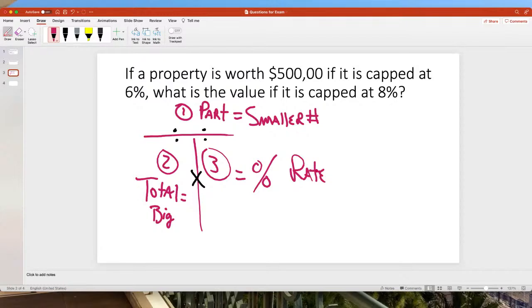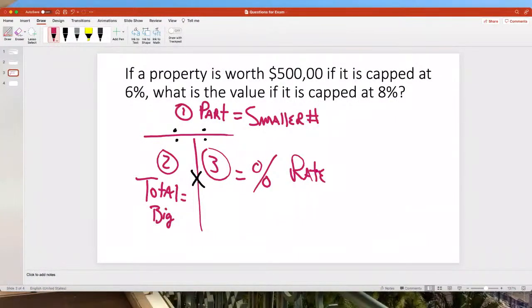So let's take a look at this problem that we have on the screen. We're going to go back over there in a minute. I want you to look at some numbers there, think about the question, and see if you can figure out where those numbers in the problem will go on the T. So let's go back over there, and we are looking at a property that is worth, now that's what it's worth, $500,000, if it is capped at 6%.